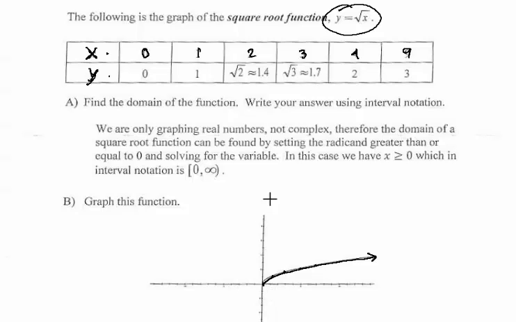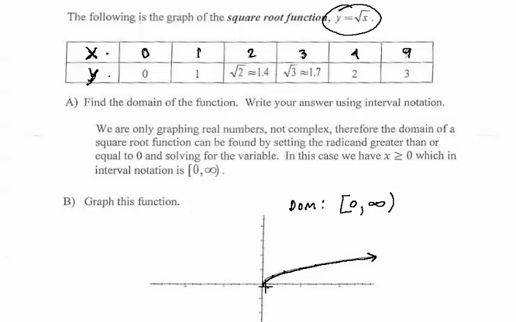Now, we were restricted as far as the X values that we put into our square root function. So already you should know that the domain of this function is 0 or any number above that. It's either 0 or any positive number. That would be our domain.